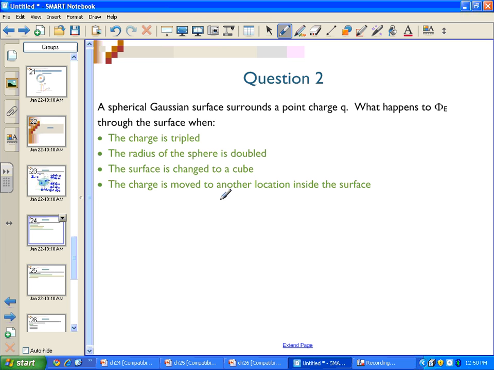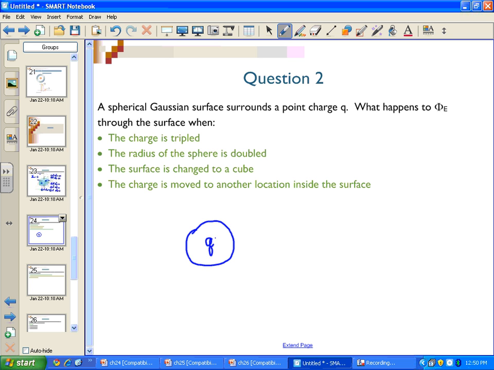Here we're told there is a Gaussian surface which is a sphere and it surrounds a point charge Q. We're asked to determine what will be the value of the electric flux when the following changes are made.